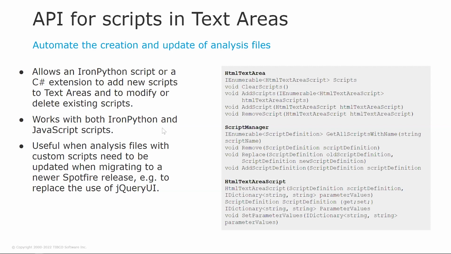This is generally useful when automating creation of analysis files, but especially when you want to migrate and perhaps you have used libraries that are not available anymore, like jQuery UI. You can use this API to automate the updates of your analysis files.